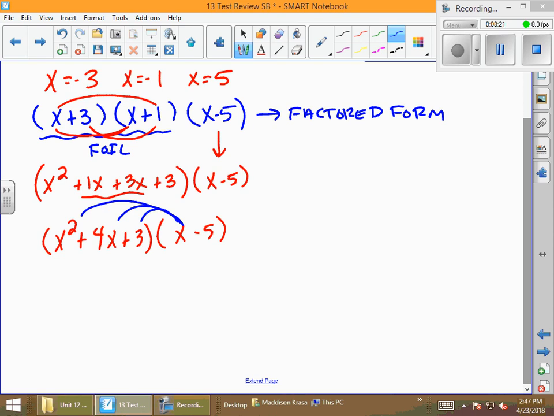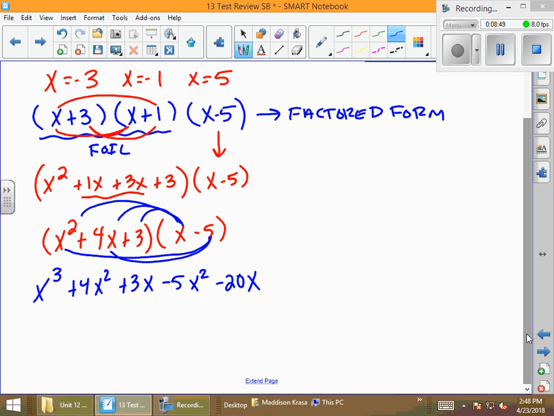So I'd have x times x squared is x cubed. x times 4x is 4x squared. And x times 3 is a positive 3x. Then I'm going to take my -5. -5 times x squared is -5x squared. -5 times 4x is -20x. And then -5 times 3 is -15.